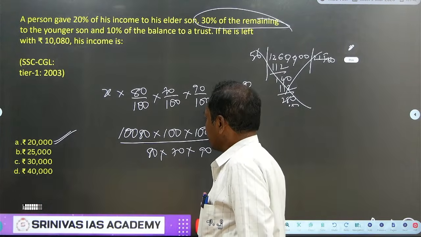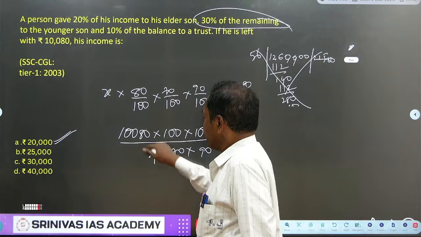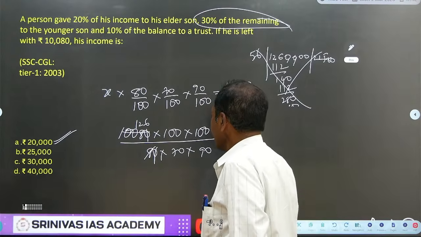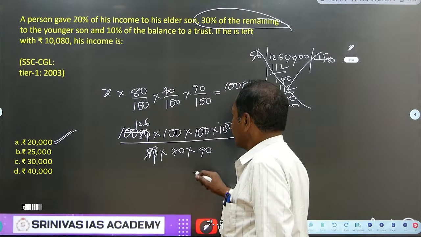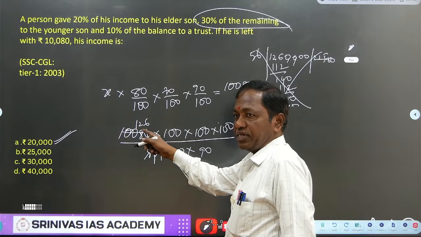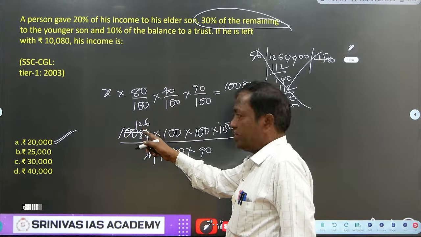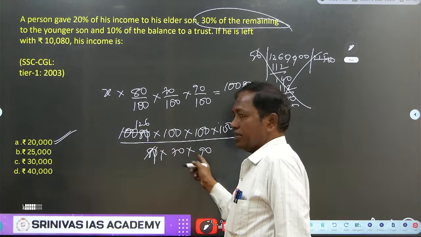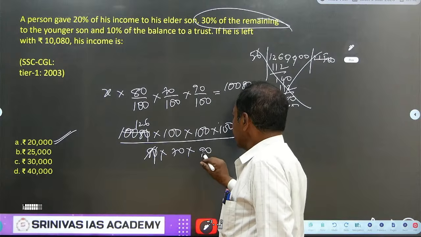What will happen? You can see here, this 0 gets cancelled. This is 126. And now we can see 1 plus 2 is 3, 3 plus 6 is 9. Don't see the calculation now. It is divisible by 9. It means what happens now?